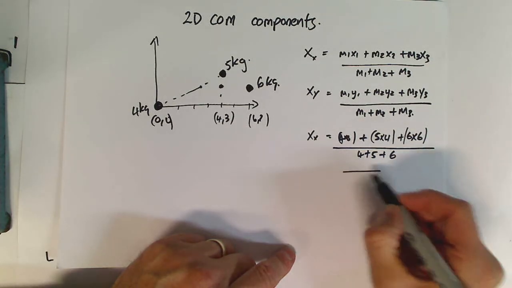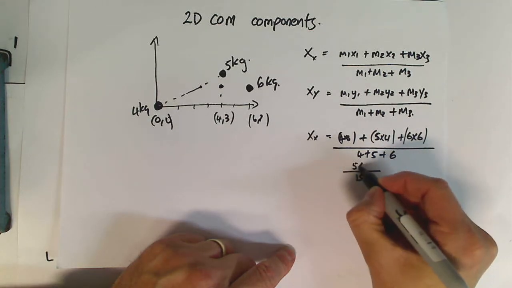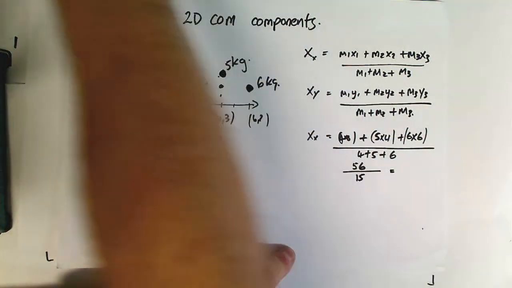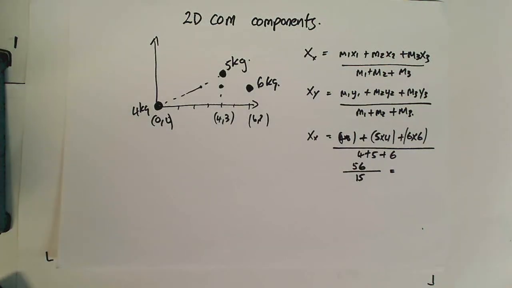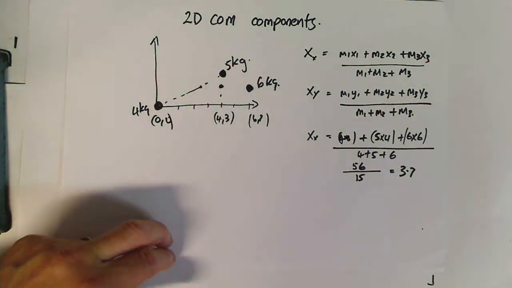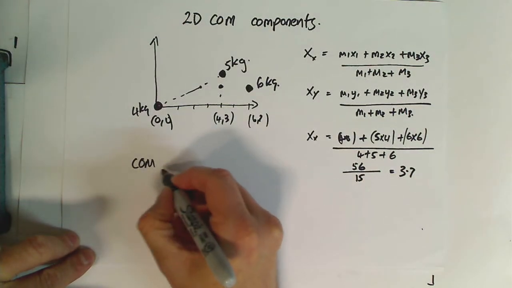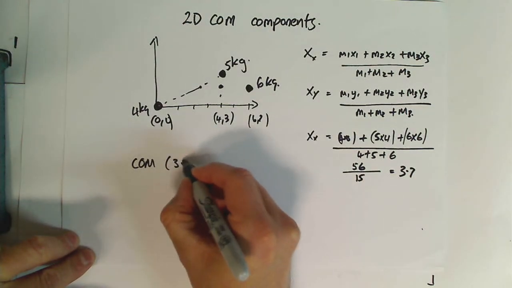So we end up with 20 and 36, 56 over 15. Which, if we get our little calculator, we can work out 56 divided by 15, and we've got 3.7 after rounding. Now that's going to be our x component for our centre of mass.